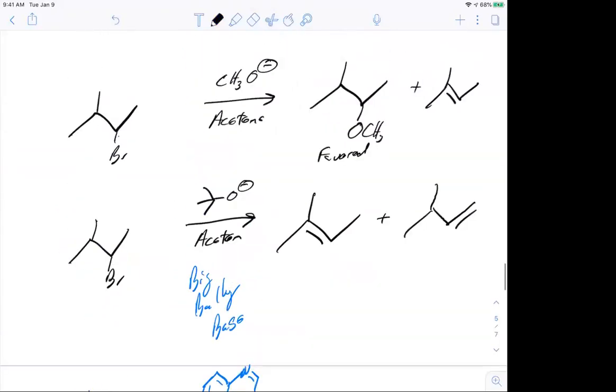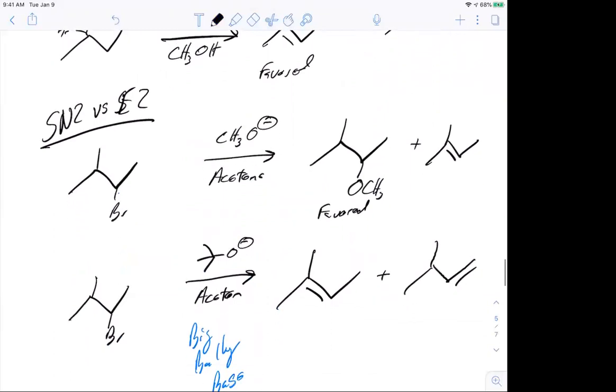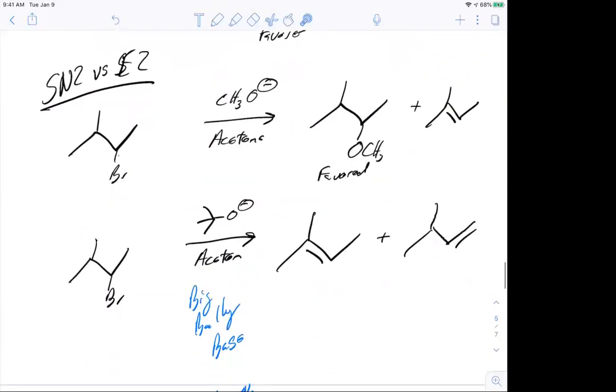So in SN2 versus E2, we have more control, which we should, since it's going through a lower energy process. The way we control that is by controlling our substrate. If we have a small nucleophile, we're going to get mostly SN2 with very little E2.